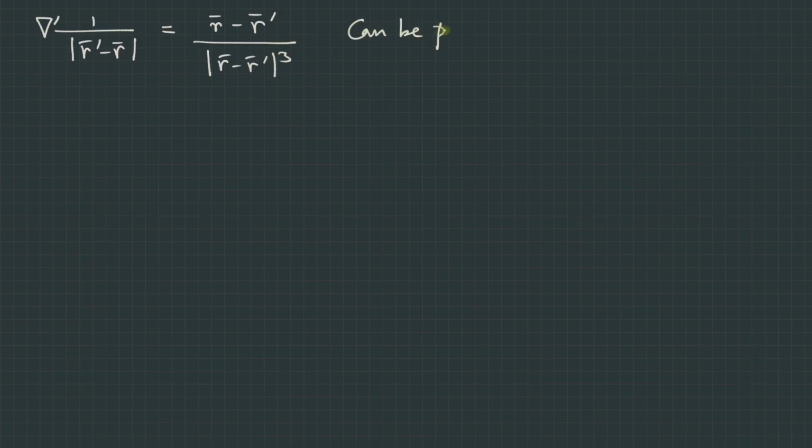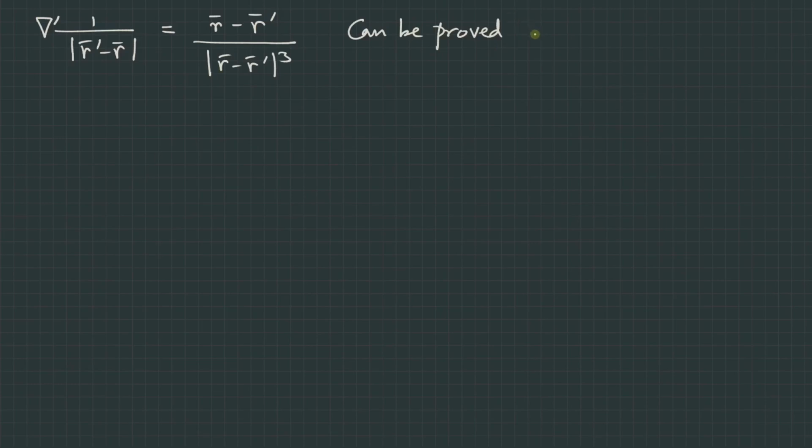that the gradient of the inverse distance function is simply given by this, it changes sign, this function. Now you can prove this. There is no physics in this, it's simply mathematics. But you can prove this.